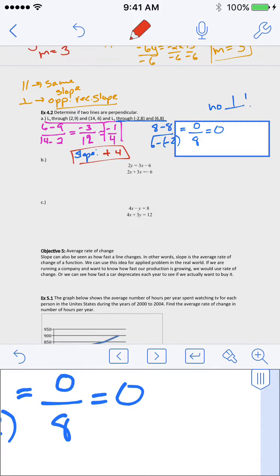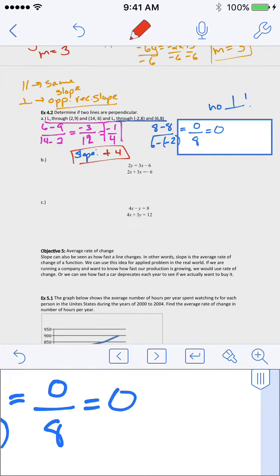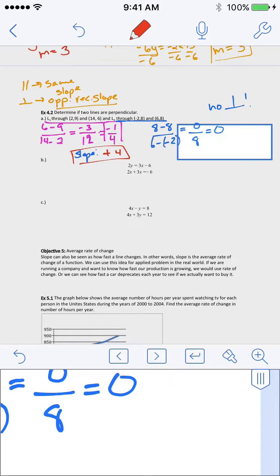What would be the opposite reciprocal to 0? Interesting, right? Well, first off, 0 is neither positive nor negative, so it doesn't have an opposite part. That's already hard. What about the reciprocal part?